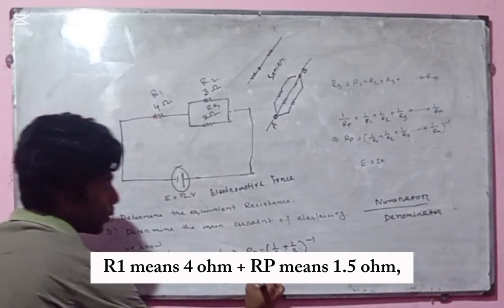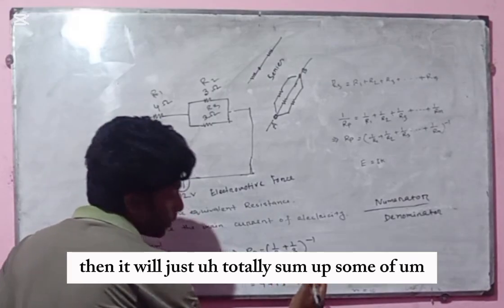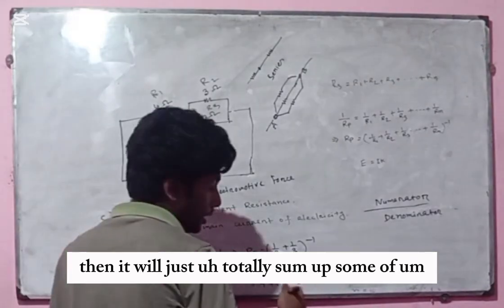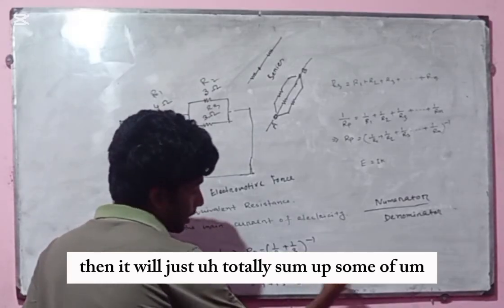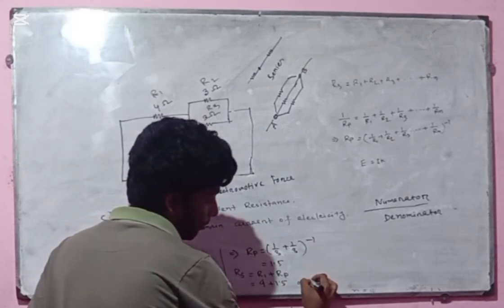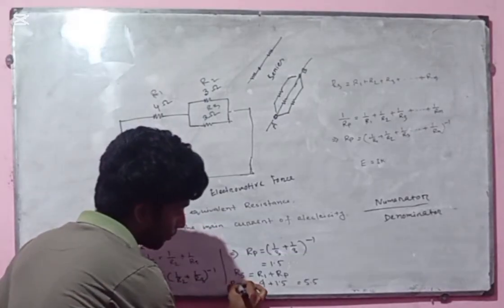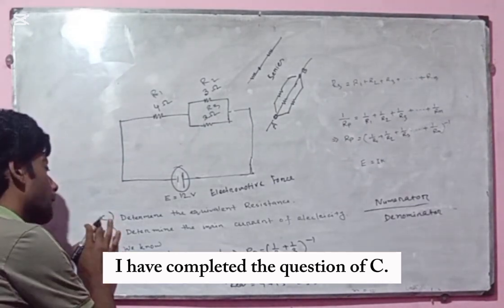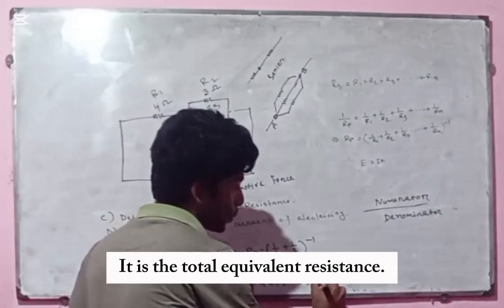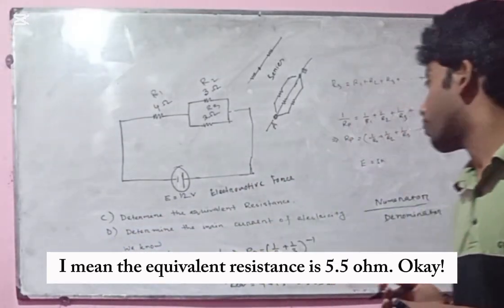R1 means 4 plus RP means 1.5. Then it will totally sum up to 5.5. This is the equivalent resistance. I have completed that question of C. It is the total equivalent resistance. I mean the equivalent resistance is 5.5 ohm.